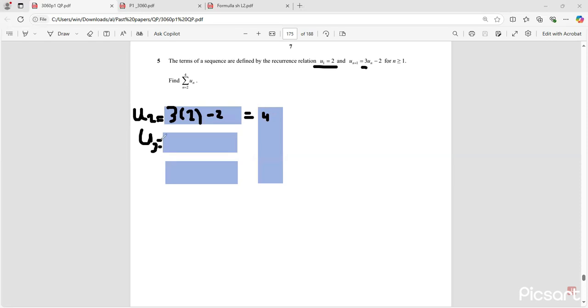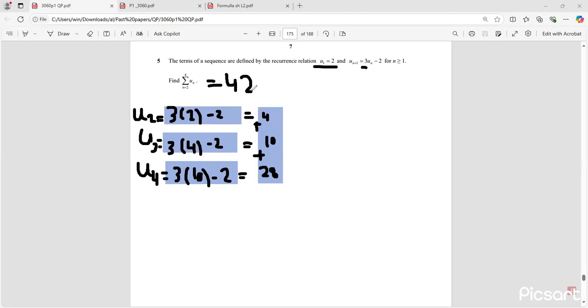The u3 here will be equal to 3 multiplied by the u2, which is 4, minus 2, which is 12 minus 2 equal to 10, and the u4, the fourth term, will be equal to 3 multiplied by 10, which is 30, minus 2, which is equal to 28, plus 10, which is 38, plus 4, which is equal to 42 as a total. Okay, and we did this question. Let's see the next here.